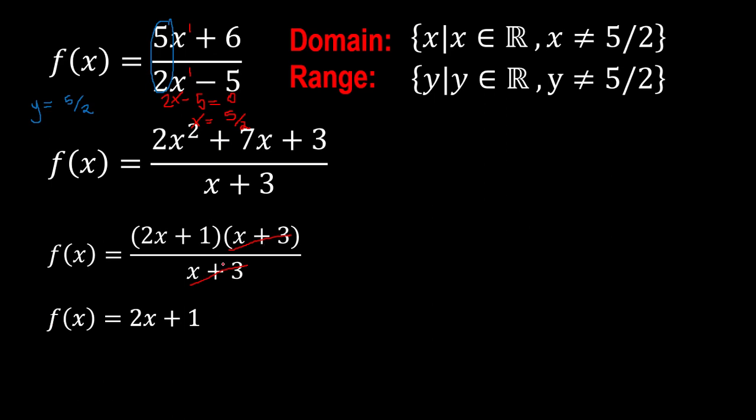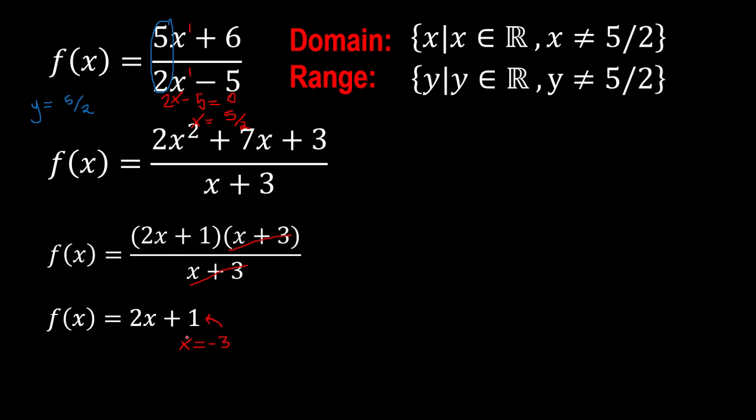In this case, if we're going to find the value of x here, we have x equal to negative 3 for our hole. And for us to identify the ordered pair of that hole, let's substitute this negative 3 into our remaining function, which is 2x plus 1.